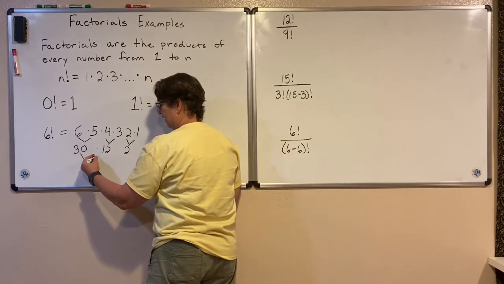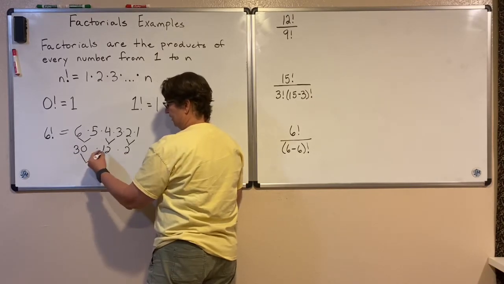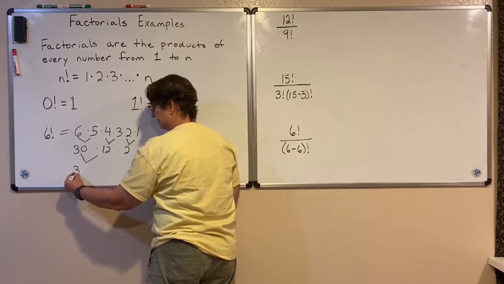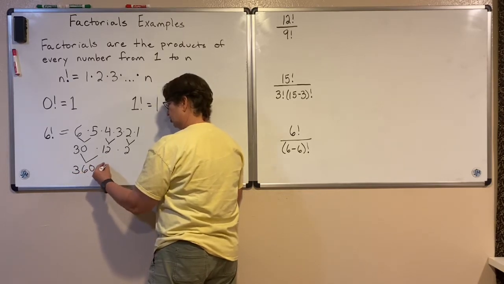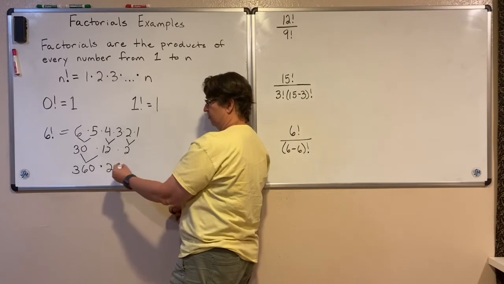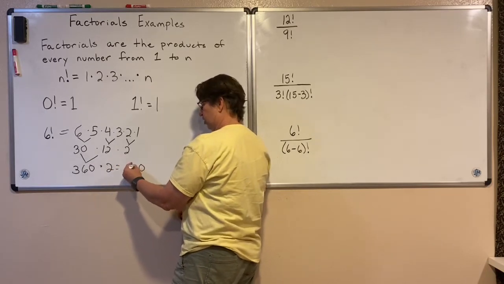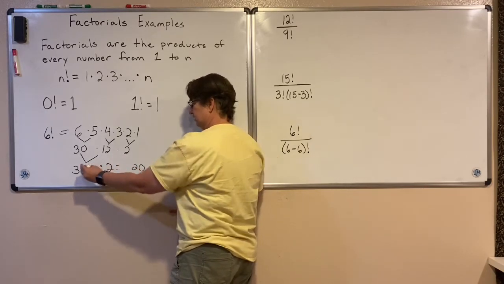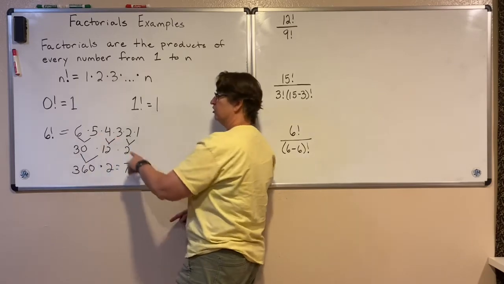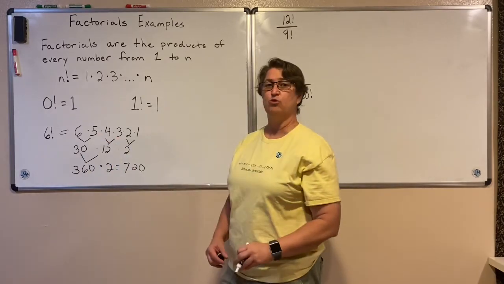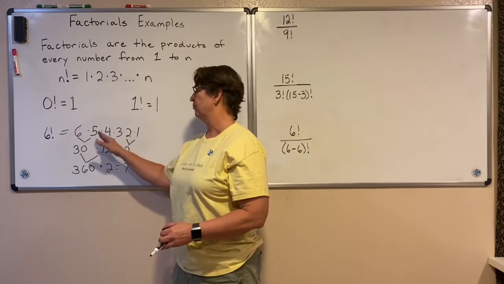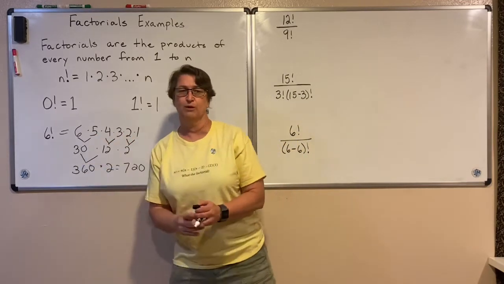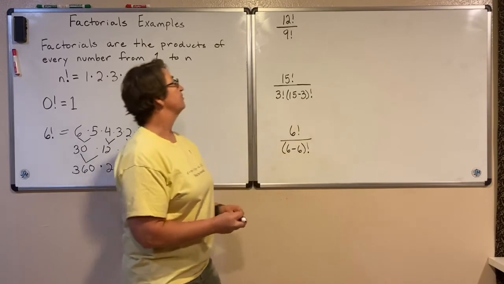So 30 times 12, well, 3 times 12 is 36. Put a 0 on the end of that. Times that 2 still. Double 360 and you get 720. So 6 factorial is equal to 720. It's just equal to all those numbers below 6 all multiplying together up to 6.